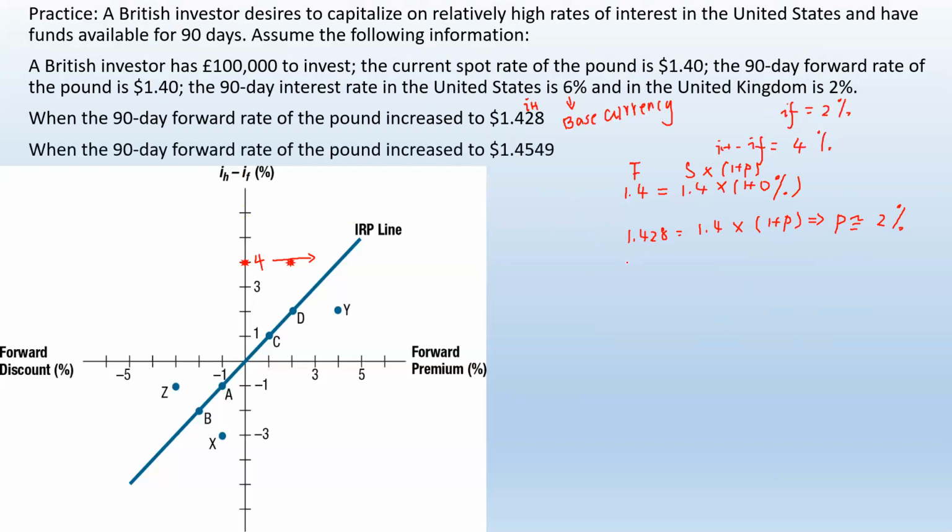And then for the last dot, we solve this P, and we find P is approximately 4%. So it's right on this IRP line, which means the UK investor will earn 2%.